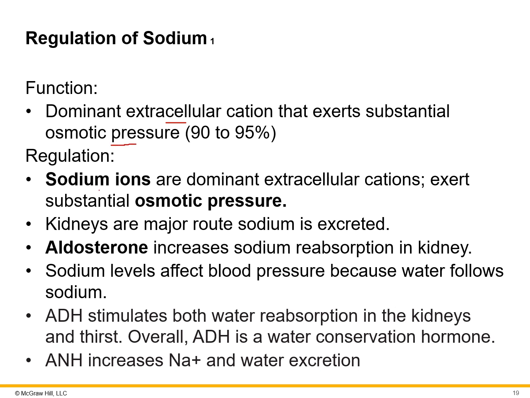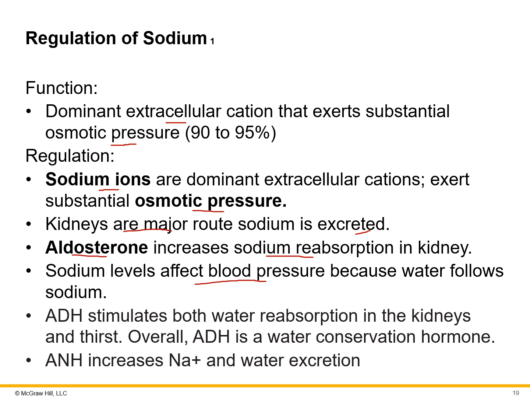So it's regulated because again, sodium ions are dominant, so they exert that osmotic pressure. The kidneys are the major route for excretion, so for getting rid of that or changing it. Aldosterone increases reabsorption from the kidneys, so it's going to allow it to go back into the blood. So those sodium levels affect blood pressure because water goes with it.